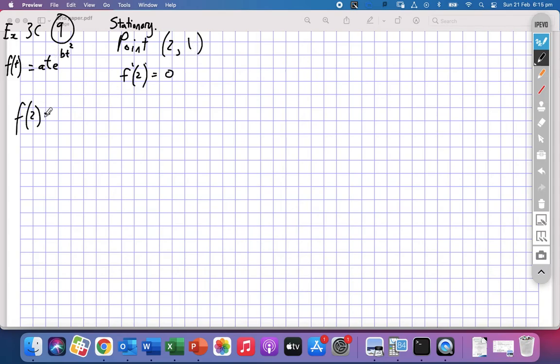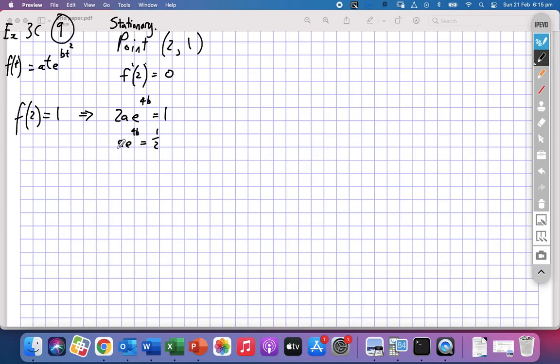So f of 2 has to equal 1, and therefore it follows that 2a e, now 2 squared is 4, so it'll be a 4b equals 1. Or I could say a e to the 4b equals a half.